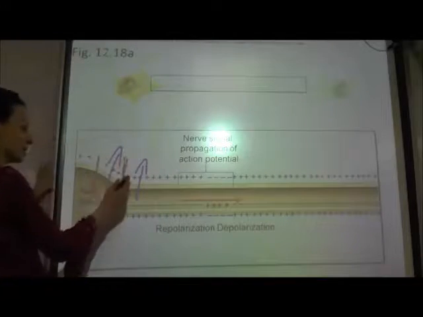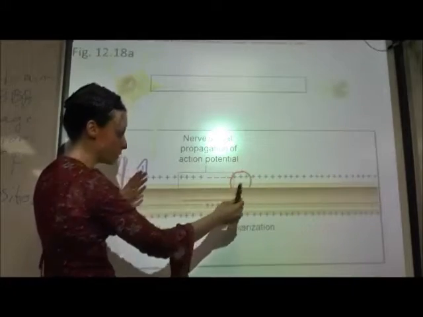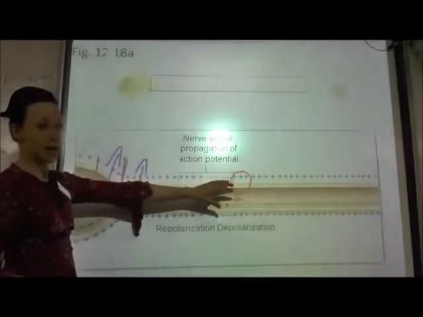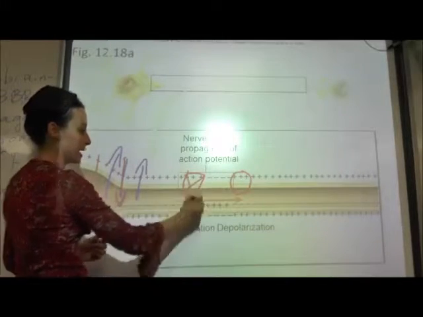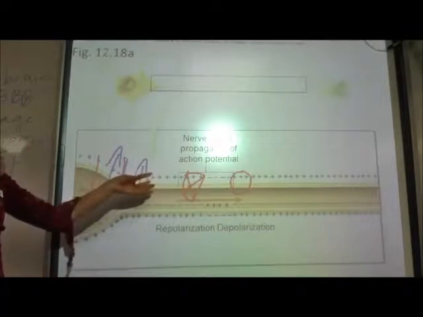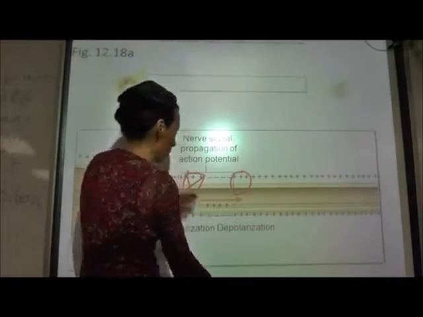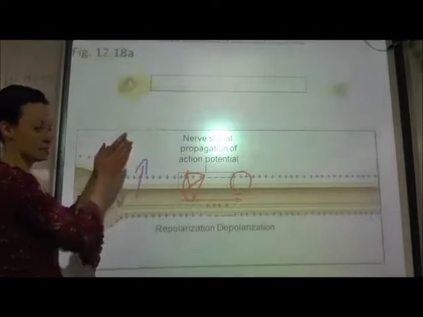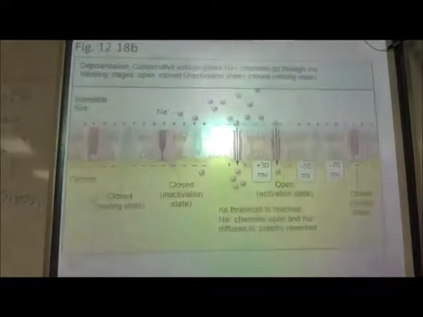So these guys down here will be closed but resting. These guys back here will be closed but inactivated. And they're inactivated just because that's what happens when, at that positive 30 millivolts, they snap shut and enter the inactivation state. And we'll see what that causes in just a little bit.